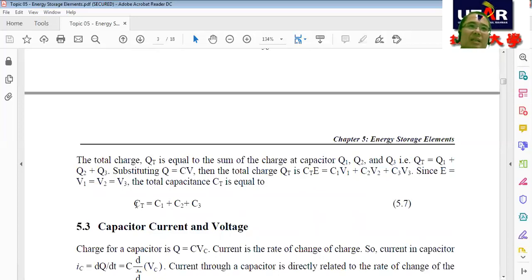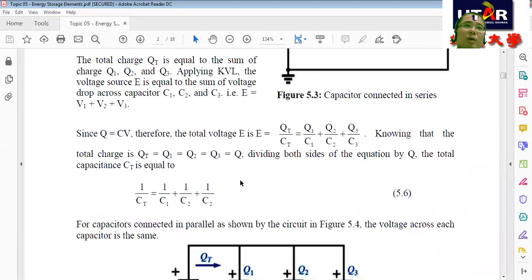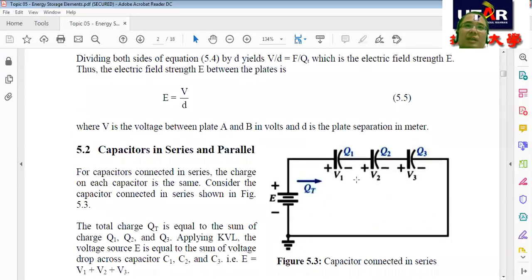So the total capacitance for parallel is equal to C1 plus C2 plus C3. This is for three capacitors connected in parallel as shown in this figure. The other equation is for total capacitance connected in series.